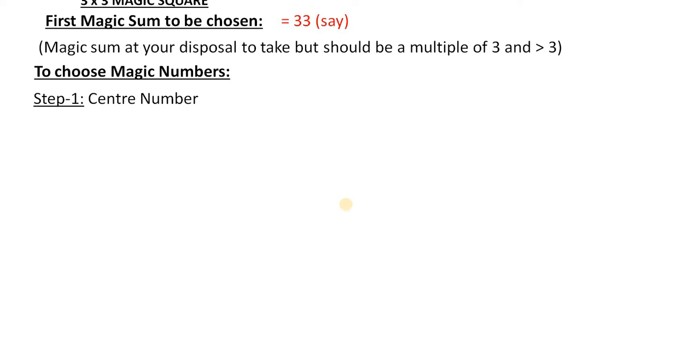Step 1, you are finding the center number. How will you compute the center number? Its value multiplied by 3, 3 times the center cell value, gives the magic sum. Here the magic sum is 33, so you will have to divide it by 3 to get the center number.